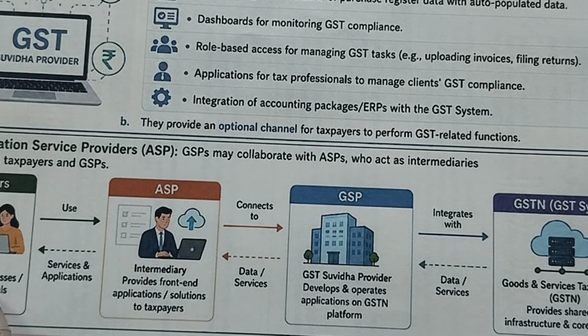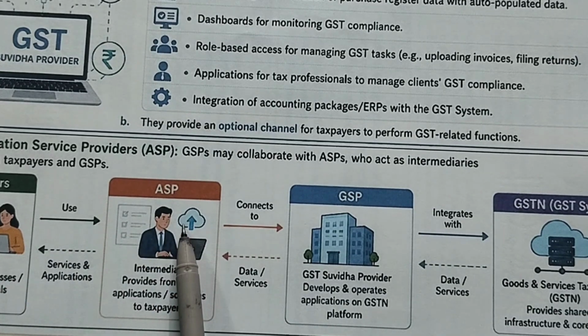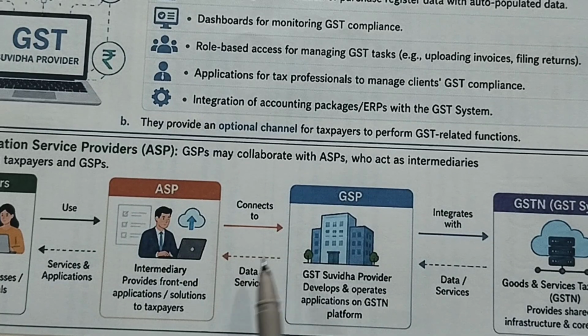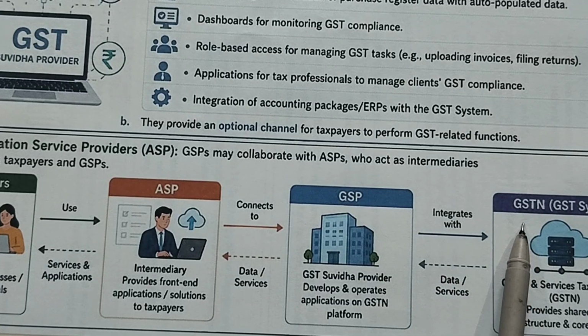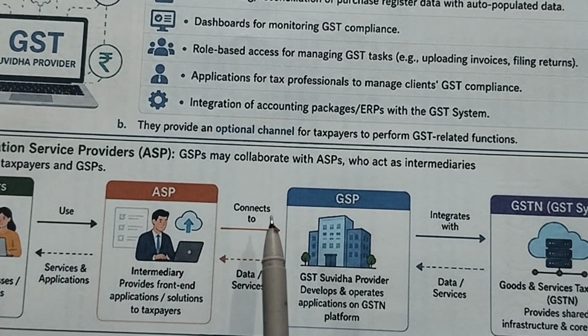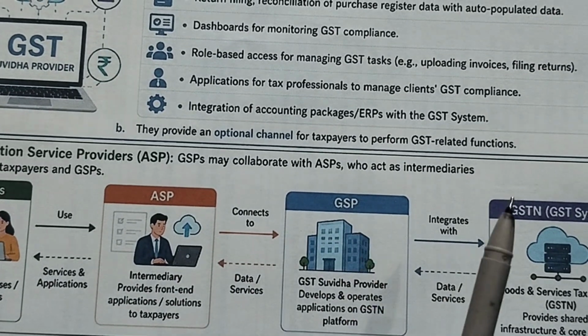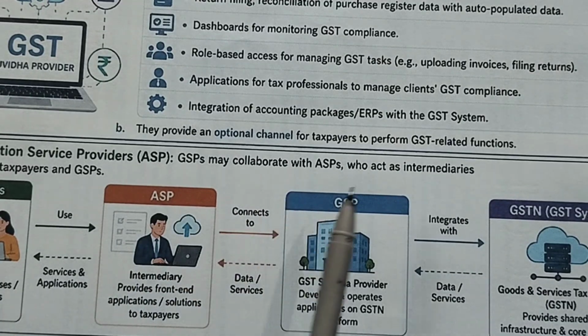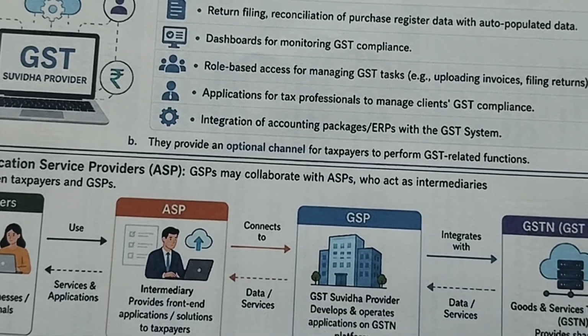ASP provides service applications and connects it to the GSP, whatever data services are given by the GSP, which integrates with the GSTN, Goods and Service Tax Network. GSP develops and operates the applications to interact with the GSTN, while ASP acts as an intermediary to deliver the solution to the taxpayer through the GSP.